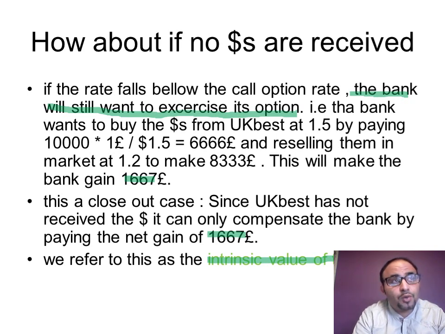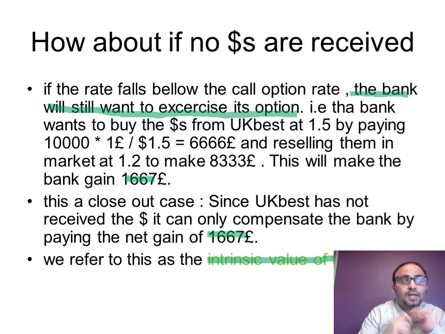This is a case of what we call closeout. Since UK Best has not received the dollars, rather than going through the whole story of getting the dollars, giving them to the bank, and the bank then selling them in the market, UK Best will only compensate the bank by this amount, which is £1,667.